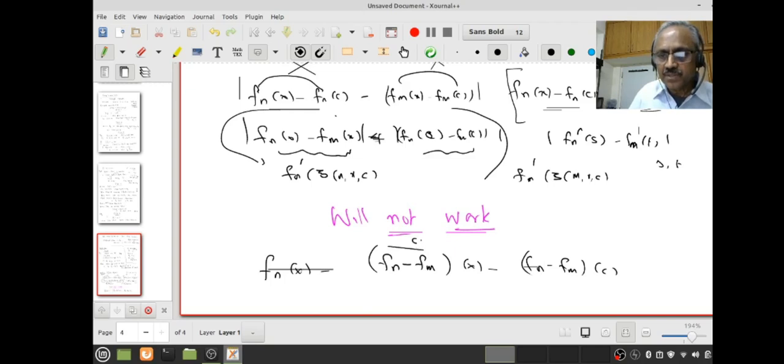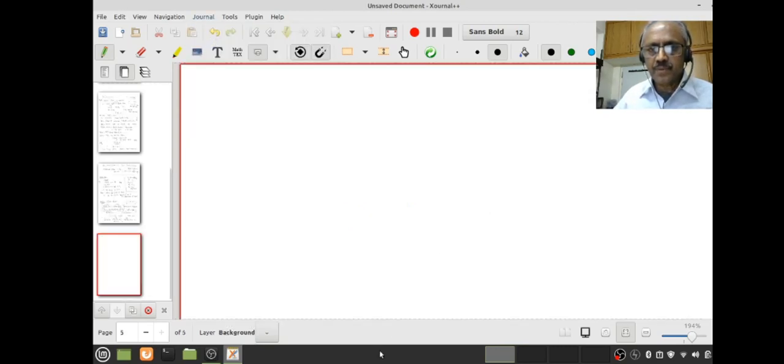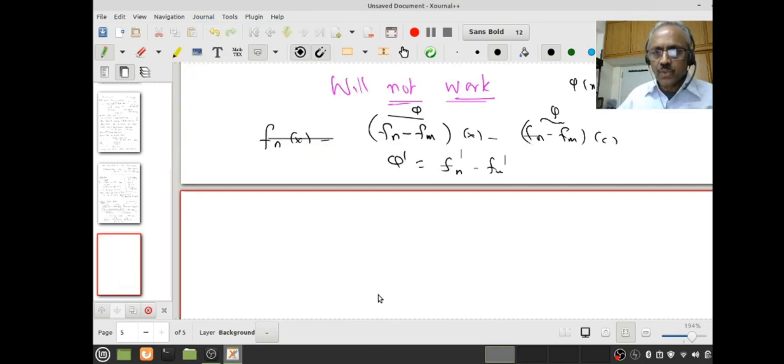Call this as a function phi if you want. This is something like phi of x minus phi of c. What is phi? Phi is fn minus fm. Therefore, what is phi dash? Phi dash is fn dash minus fm dash. You follow that? Yes? Yeah. So this is what I want to apply.